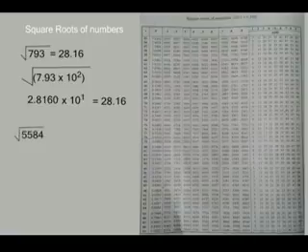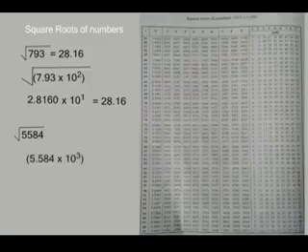How about the square root of 5,584? In the proper standard form, that would be 5.584 times 10 raised to power 3. But there's a problem, because 10 raised to power 3 is not a perfect square. We need to make the power an even number. And so we move the decimal to the right and have 55.84 times 10 raised to power 2. Square root of 55.84. 55 is here, coinciding with 8 here.